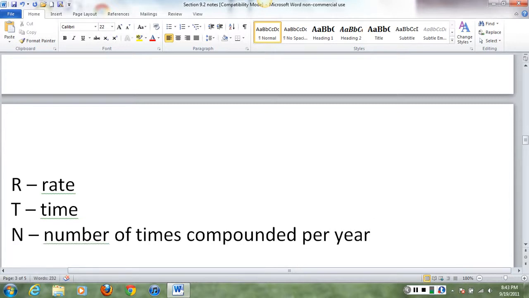So as opposed to the last question, when it said we have annual compounding, so it compounds once a year, when it says we compound every month or every day or every week, for example, then our n changes.